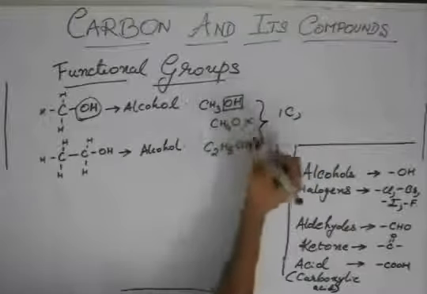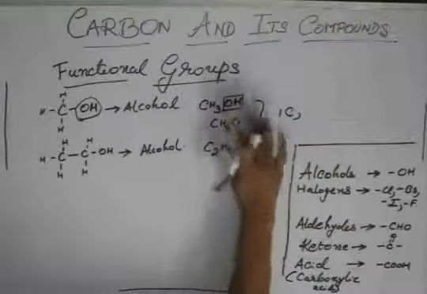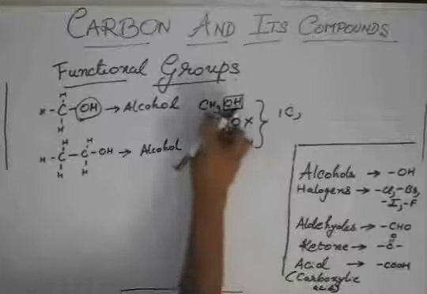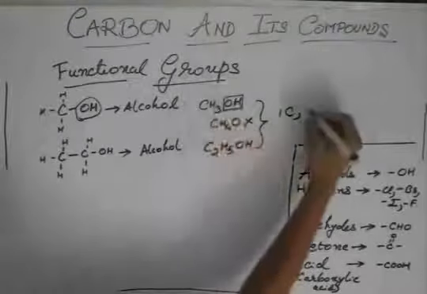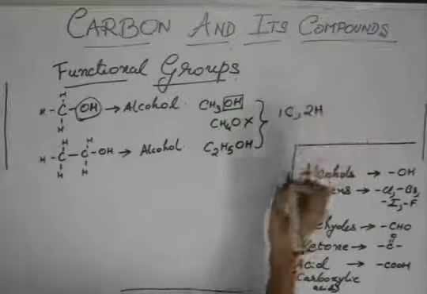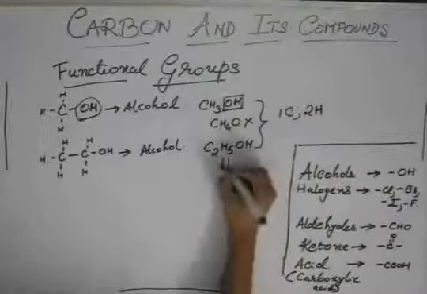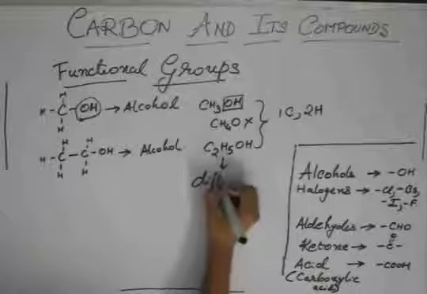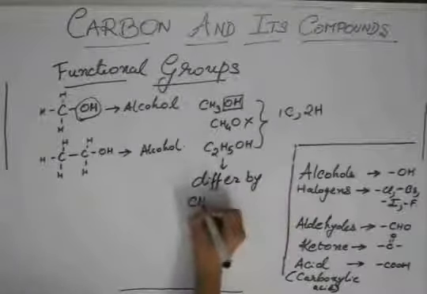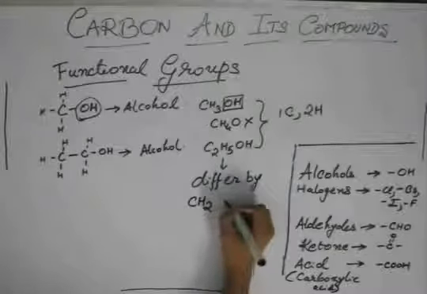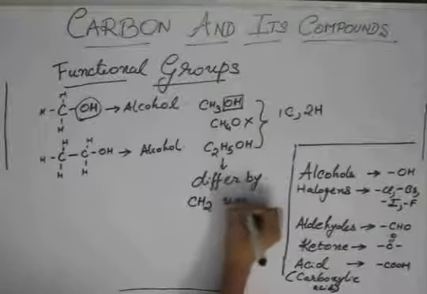The OH is constant, so OH remains same, and this is H3 and this is H5, so there is a difference of two hydrogen atoms. So basically they differ by CH2. It's called CH2 unit.